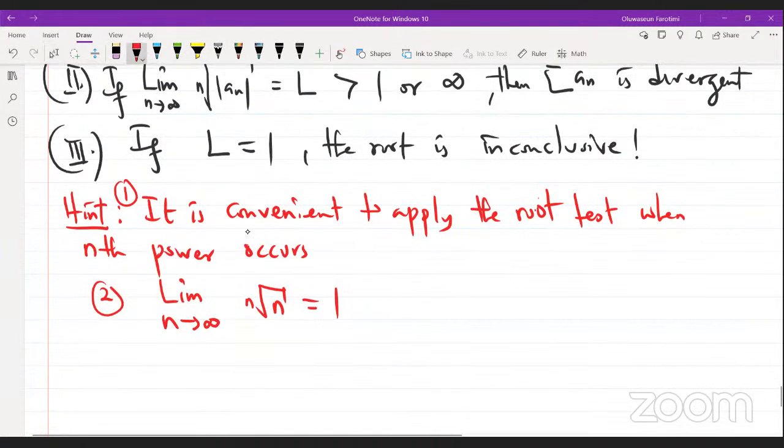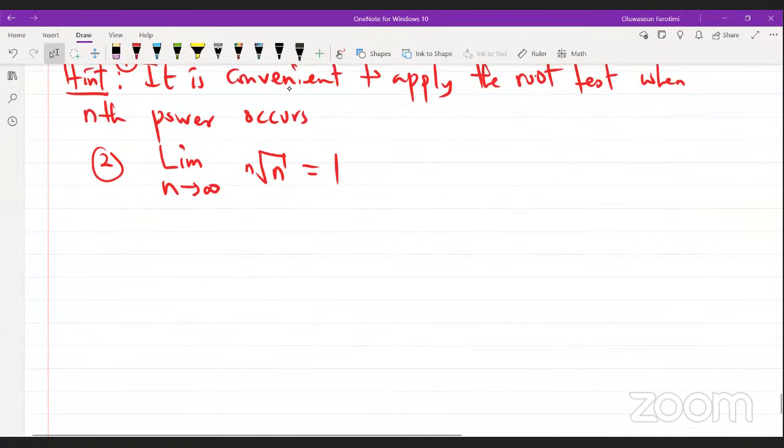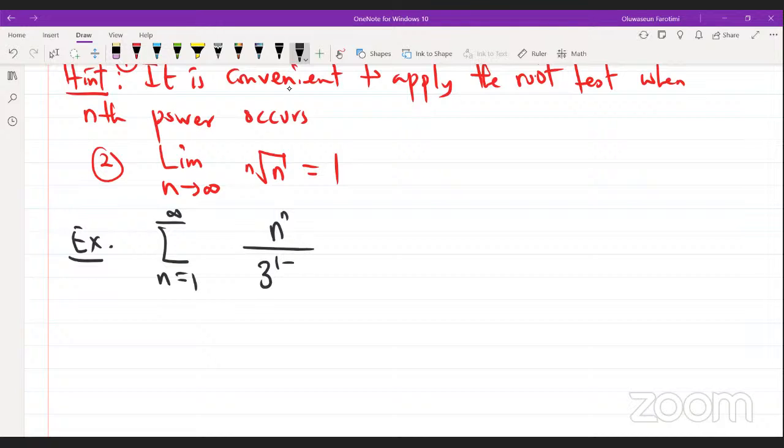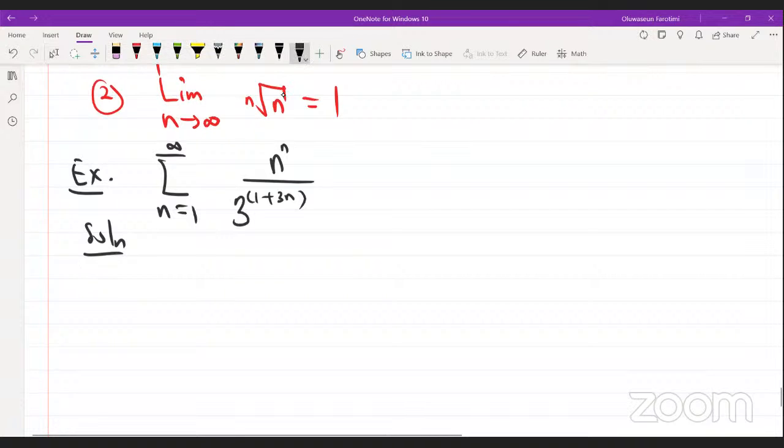Okay. Let's consider some very nice examples. Example: n to the power of n divided by 3 to the power of 1 plus 3n.